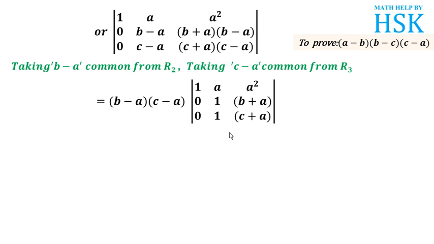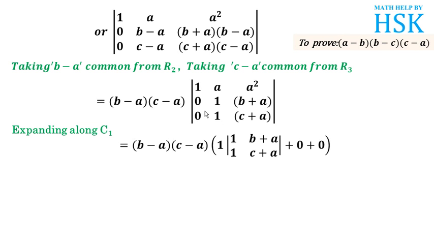Now we can expand the determinant. Expanding along C1, it would be written as 1 into the determinant obtained by removing the first row and first column, that is 1 into |1 b + a ; 1 c + a|. And because the remaining terms of the first column are 0, we need not worry about the remaining two terms.